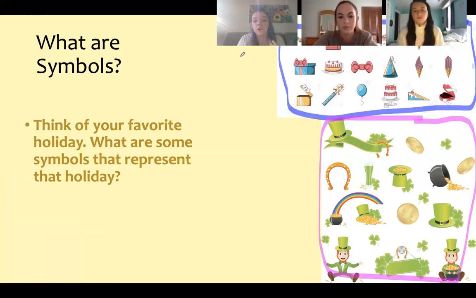So think of your favorite holiday in your brain and think of a couple symbols that might represent that holiday. And raise your hand when you have one. Yes, okay, take turns. Go ahead, Emily, you go first. Christmas. And I think some symbols are Christmas tree and presents.